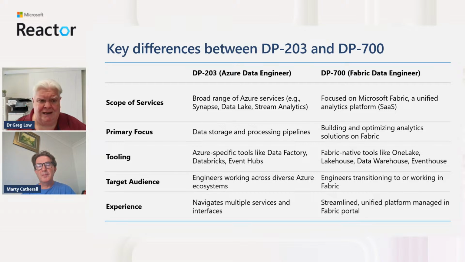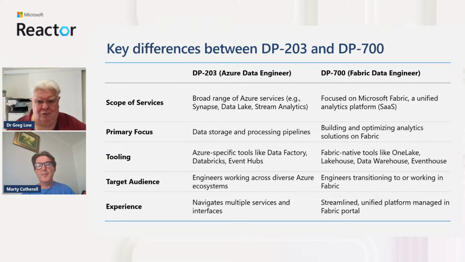So don't take the idea that because they're moving from DP-203 to 700, that the original products are disappearing as well. They're not. It's just that Fabric offers a different way of doing the same things in a simpler, more optimized and streamlined environment. But those original things are still there as well.